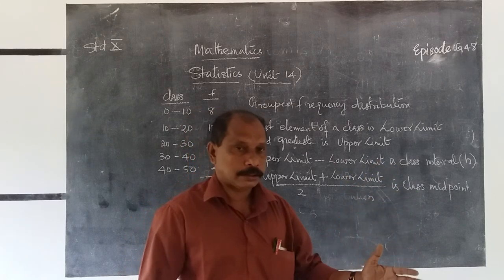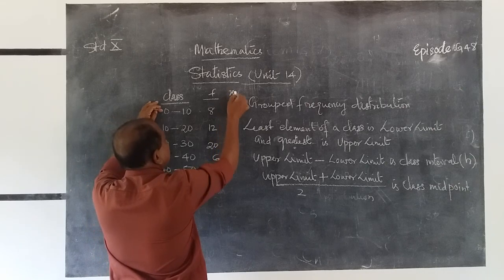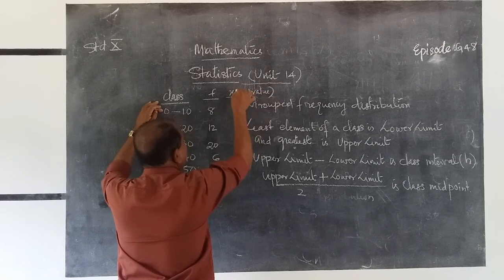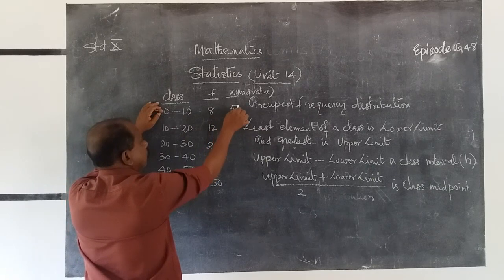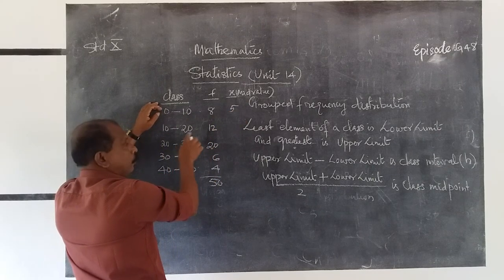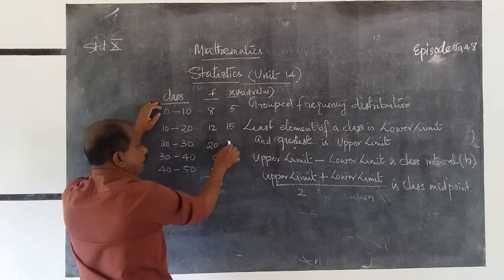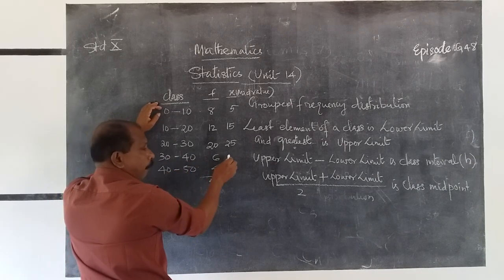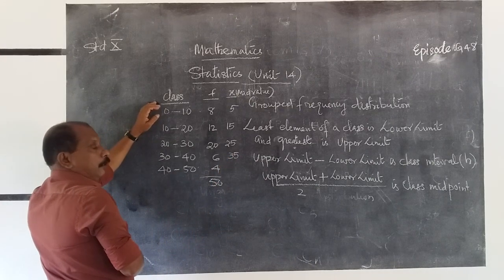These are the main cases. Therefore, for these classes, the mid values are: 0 plus 10, 10 by 2, that is 5. 10 plus 20, 30 by 2, is 15. 20 plus 30, 50 by 2, that is 25. 30 plus 40, that is 70, half of that is 35. 40 plus 50, that is 90 by 2, that is 45.